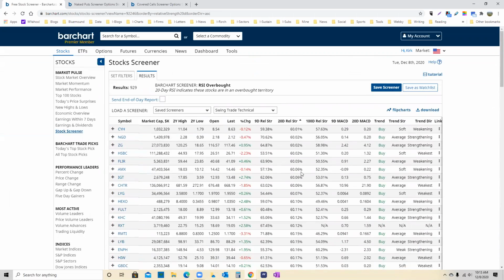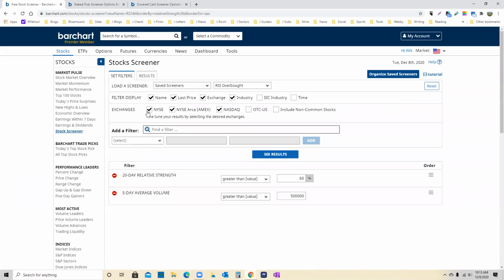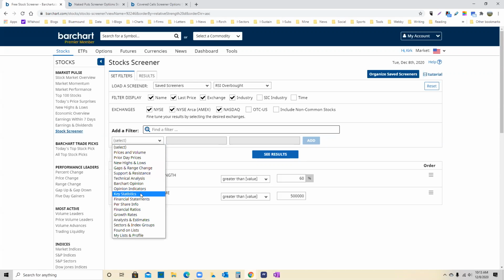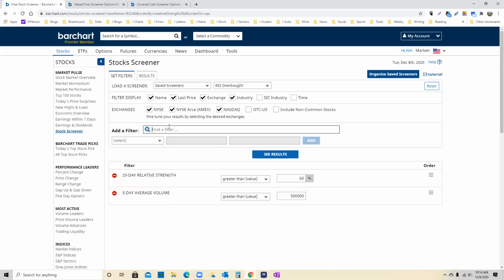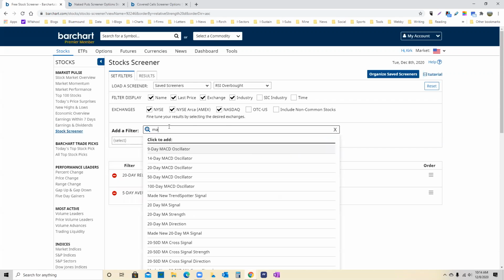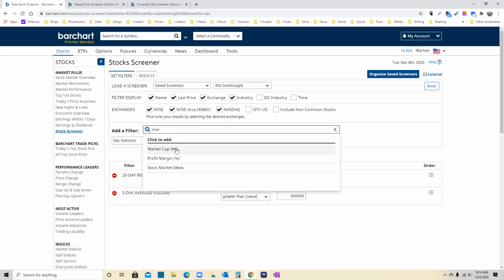Now, if we only looked at the S&P 500, which I didn't set up, but I suppose we could, we'd have to add a market cap screener because they don't let you use the S&P 500 if they're not paying for that copyright. Add a filter. Market cap, there we go.